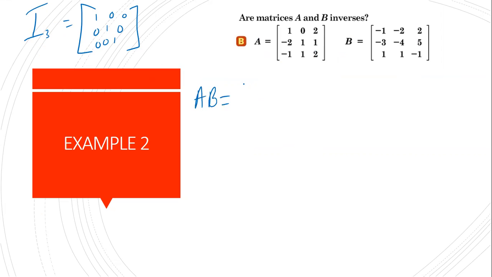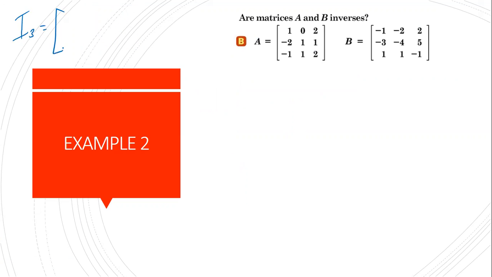So AB equals, and we have 1 times -1 plus 0 times -3 plus 2 times 1. That's one element. I wrote too big. Hold on, y'all. I won't be able to fit it all with how giant I wrote. I'm going to try to write a little smaller. AB equals.